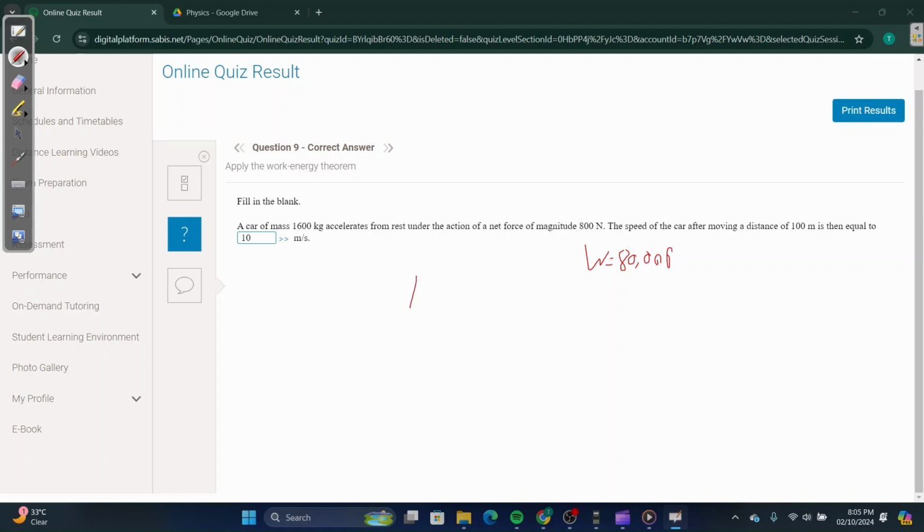Okay, so half the mass, which is 1600, times v squared, minus... notice it said accelerates from rest, so this is going to be minus half m u squared. u is the initial velocity, u is 0, so half of whatever, it cancels out to get 0.